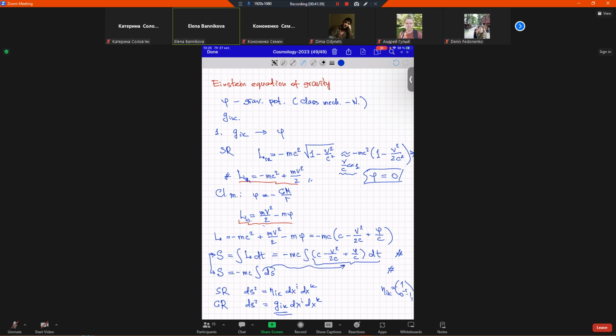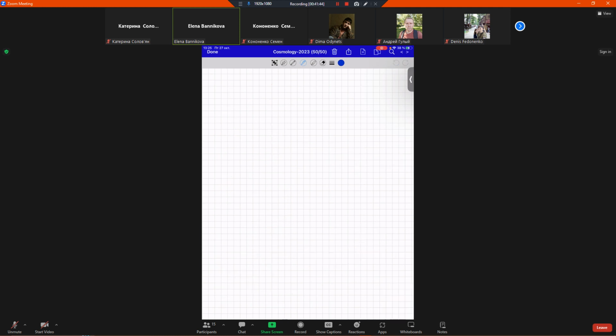In this case, we can write that ds squared, the interval between two events, is c minus v squared over 2c plus phi divided by c, all squared, times dt squared.